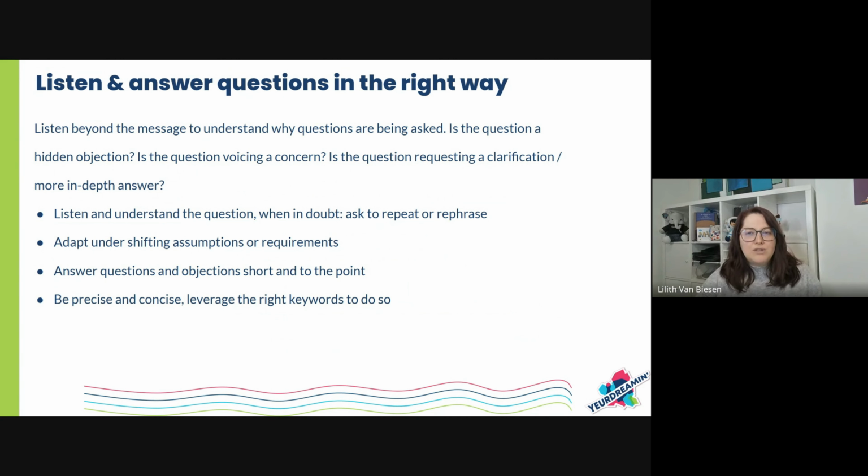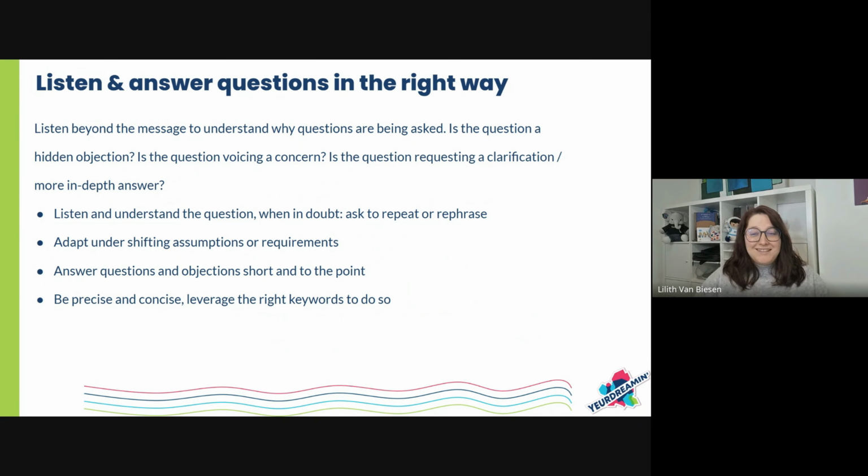So really make sure that you understand what they're asking. And if you don't understand exactly what they're asking, it's okay to ask them to repeat the question or rephrase the question, or you might even go back and say, so do you want me to go deeper into the data survivorship issue? This could be a way to really make sure that you're understanding what they really want to know, and adjust your answer accordingly.